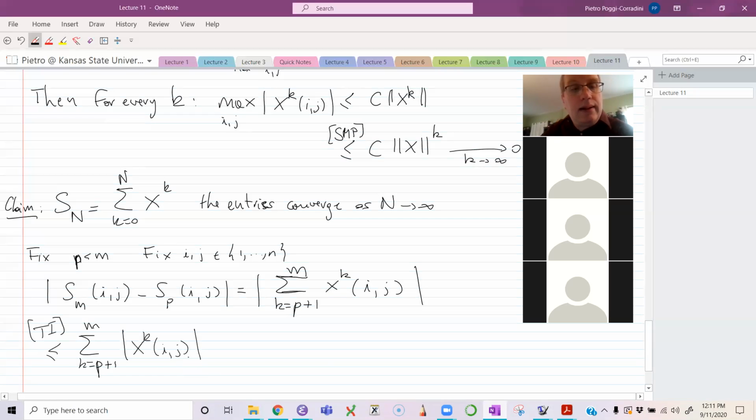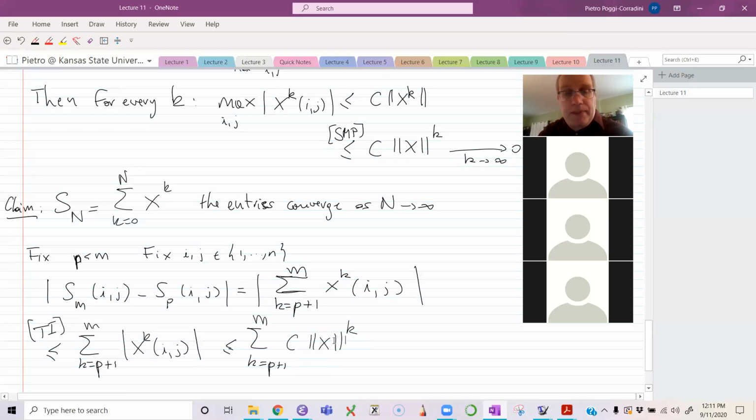And then using this fact up here that the maximum entry for x^k is bounded by this constant c times the norm to the kth power, this is going to be less than that. Okay.